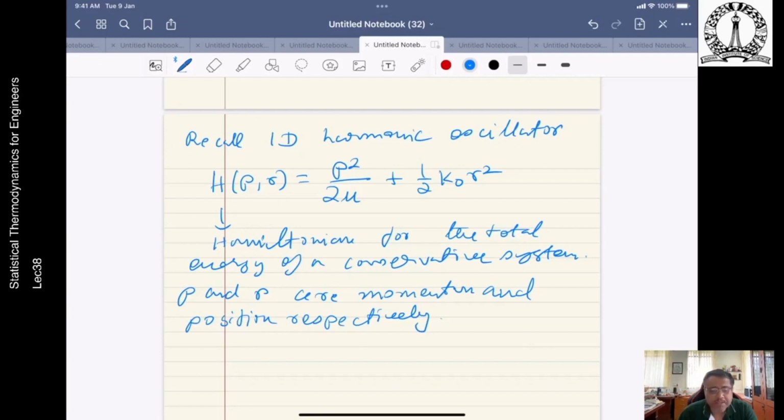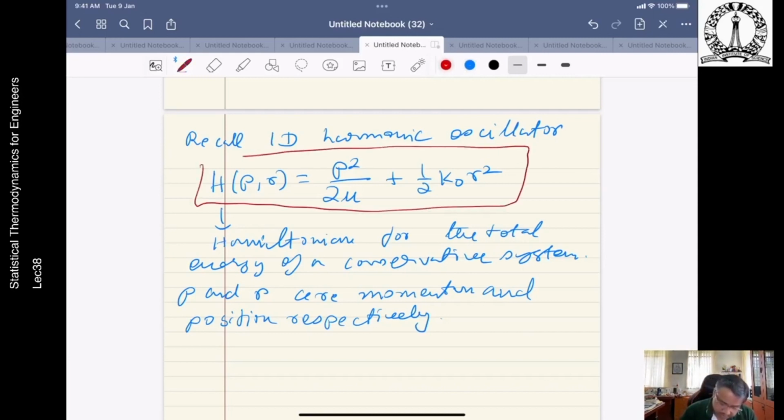So this equation that you see over here is an important result from classical mechanics.